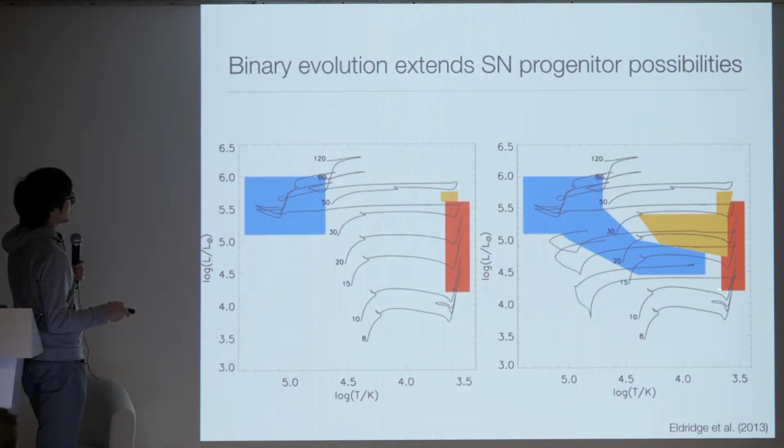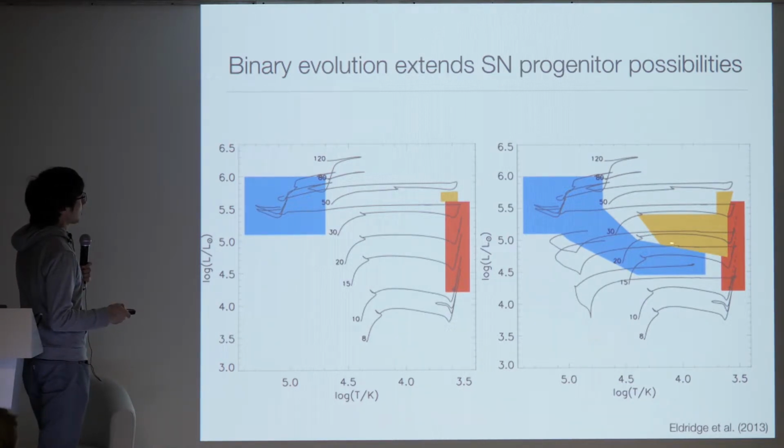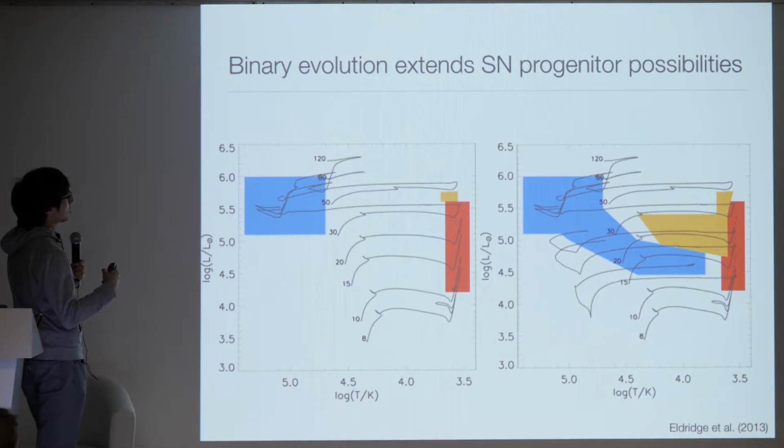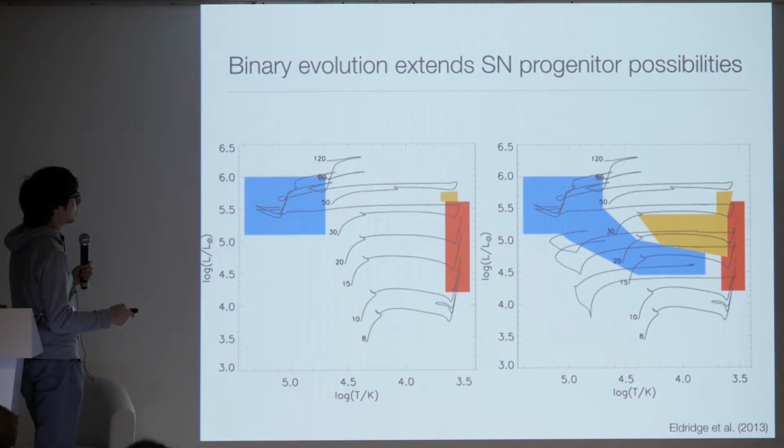Of course, some progenitors can still explode as red supergiants, and massive stars will go to Wolf-Rayet stars, but some low mass stars which were not type Ibc supernova progenitors can go to this region. They can explode as Wolf-Rayet stars without hydrogen, and some of them may not get rid of all the hydrogen, but a small amount of hydrogen, like 0.1 solar mass, may remain.